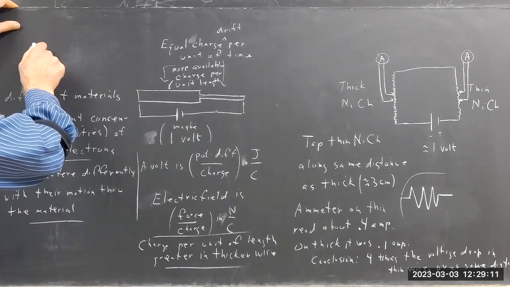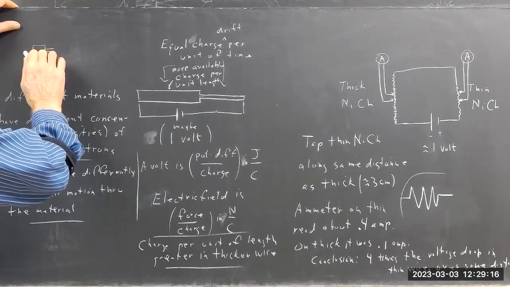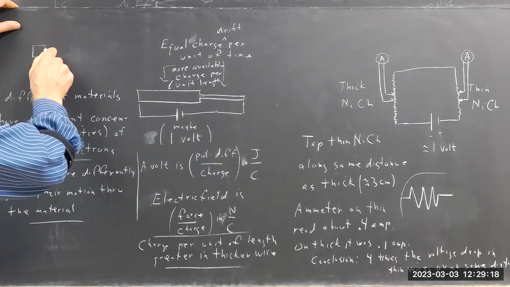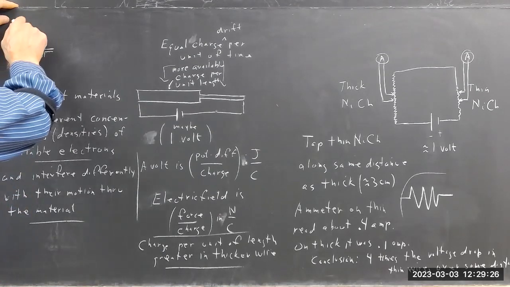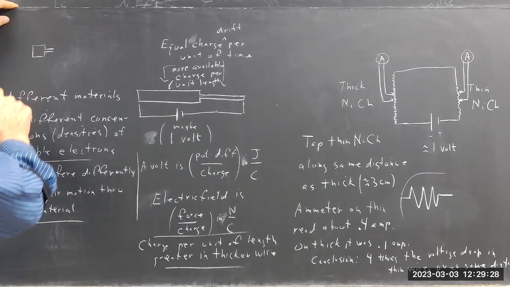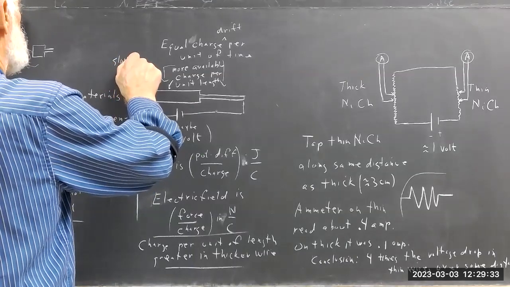You have equal lengths of these two wires made out of the same substance. Then slower drift. Actually, I don't even have to say that. You got a slower drift.